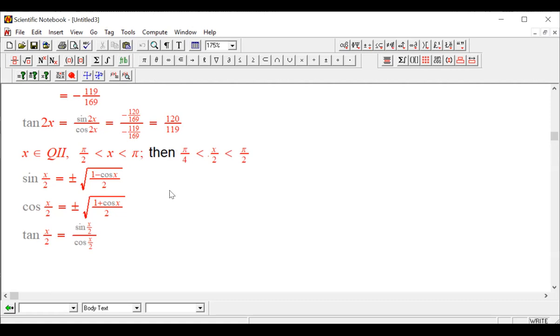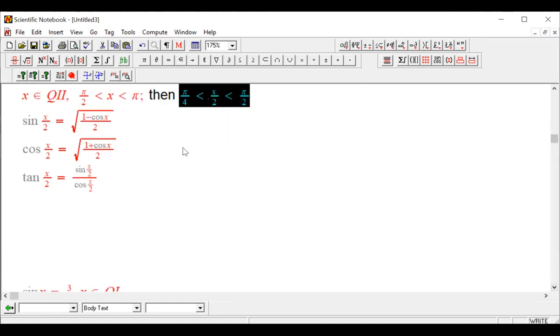Then if half x is in the first quadrant, then these will be positive. Okay, so that selection. So how to get from this inequality to the next inequality, that's how we determine the quadrant, right? The quadrants.